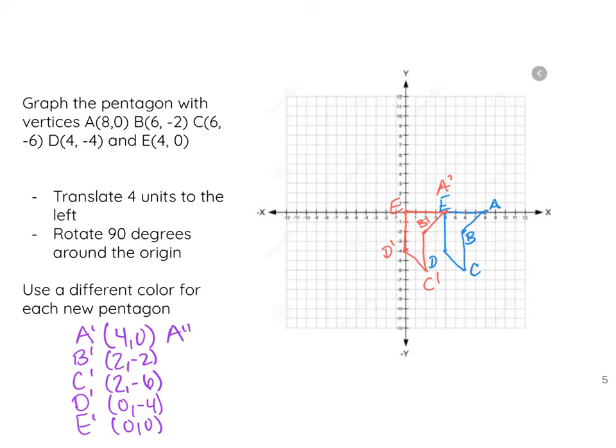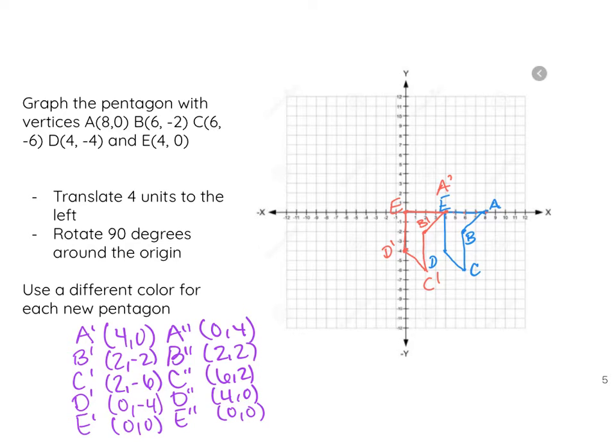So when I rotate them 90 degrees, the X and the Y are going to switch places, okay? So I'm going to do that first. So now it's going to be 0, 4. And I don't worry about signs yet, okay? So I'm going to forget that that's a negative. So this is going to be 2, 2. And this is going to be 6, 2. And 4, 0. And 0, 0.